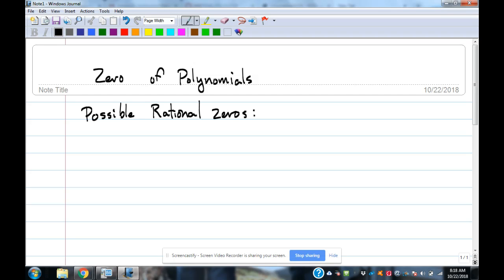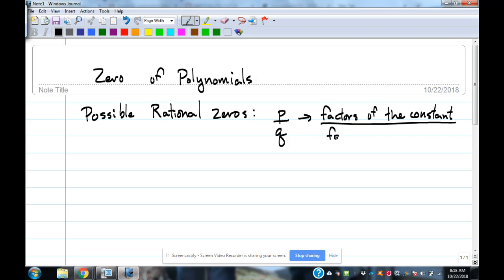So the possible rational zeros, we list them as P over Q. And what that means is the factors of the constant term over the factors of the leading coefficient.